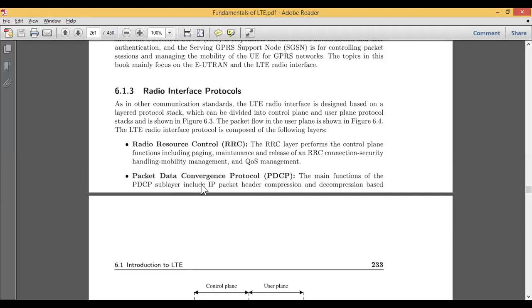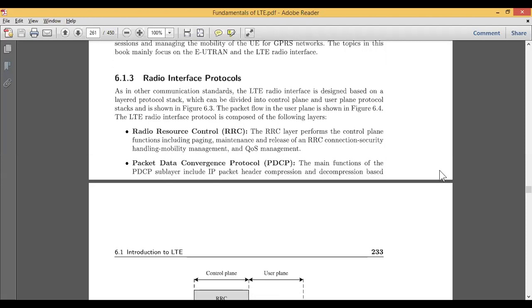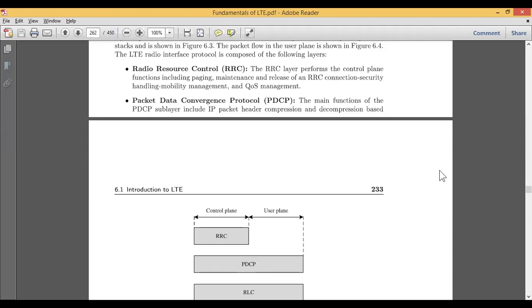Another layer with the radio interface is the PDCP. We have studied in detail how this PDCP works, and there is a huge list of functions related to PDCP. Again, the PDCP is another sublayer of your complete LTE stack.